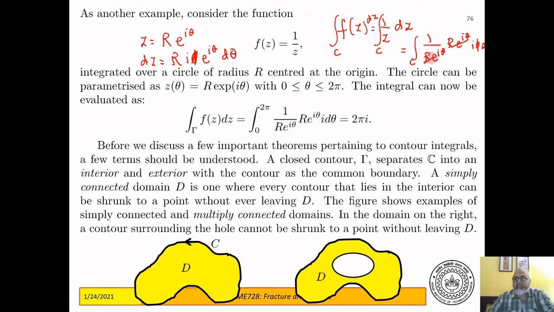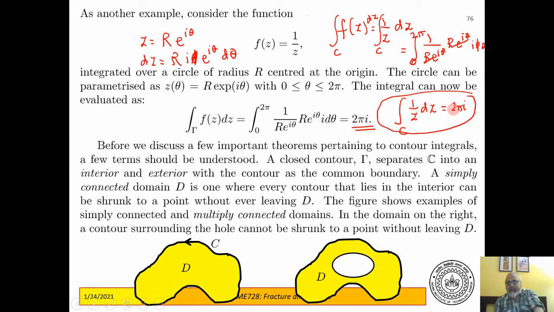So this cancels out, and theta goes from 0 to 2 pi, so I am left with 2 pi i. So the integral of 1 by z over a closed circle is equal to 2 pi i. Remember this result: the integral of f(z) = 1 by z, dz over a circle of radius r is equal to 2 pi i. This is a very, very important result, and we will come back to it many times.